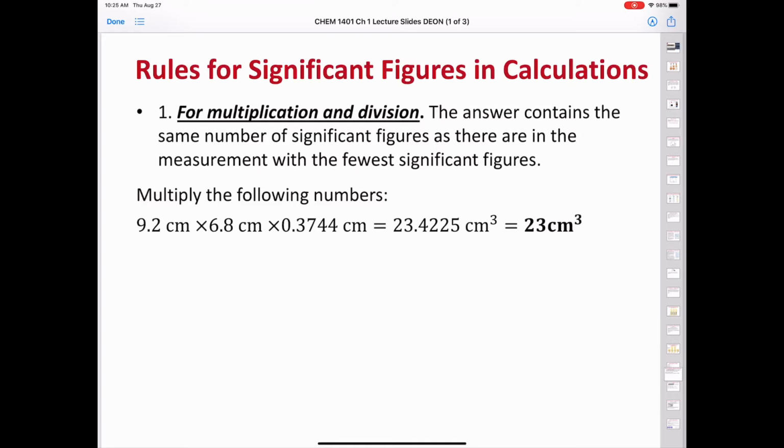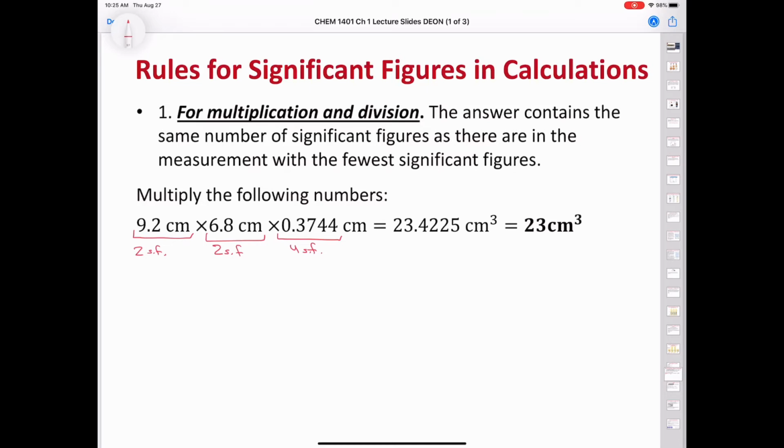Now, how did I arrive at that answer? Well, that answer has the correct number of significant figures because if I look at each one of these measurements, 9.2 centimeters has 2 significant figures. 6.8 centimeters also has 2 significant figures, but this measurement here, 0.3744, has 4 significant figures. Now take a look at the rule.